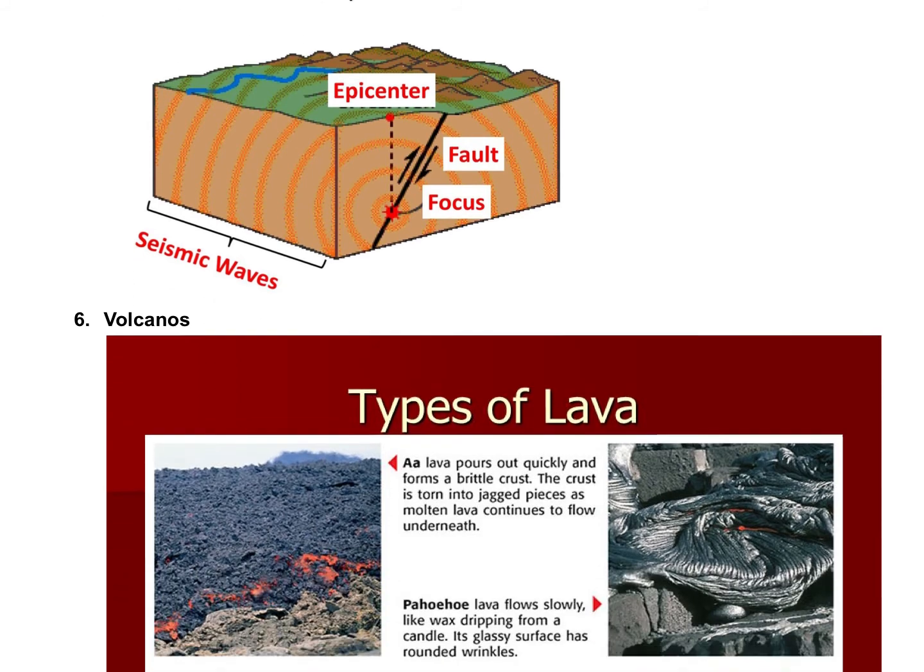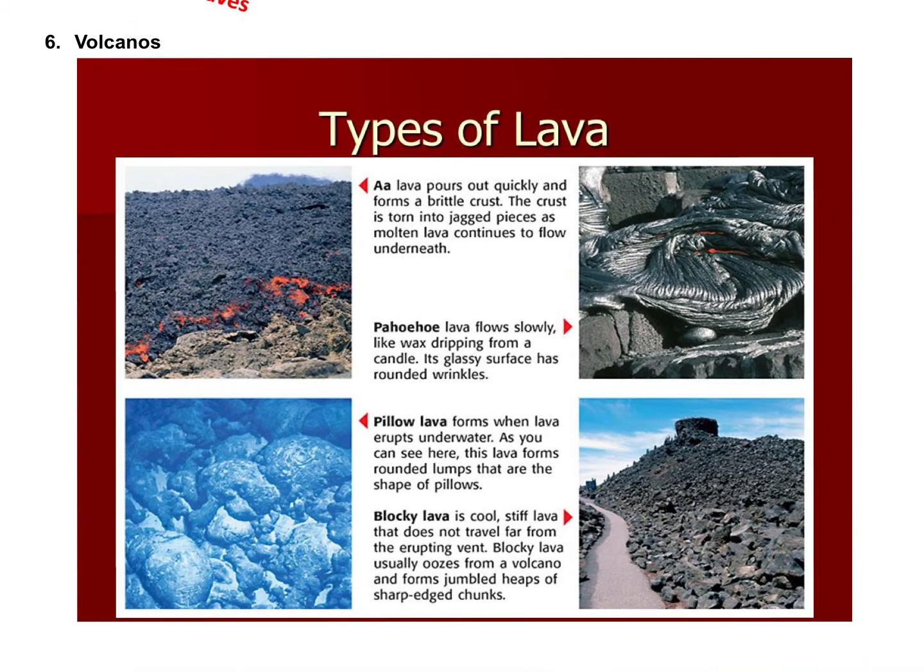As far as volcanoes go, different types of lava, right? So your pahoehoe, which is the difference between rough, jagged, or smooth and rope-like. And then you got your pillow lava, which is going to form underground. Don't worry about blocky lava. The other pictures were useful.